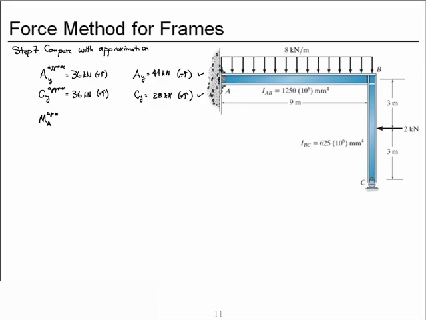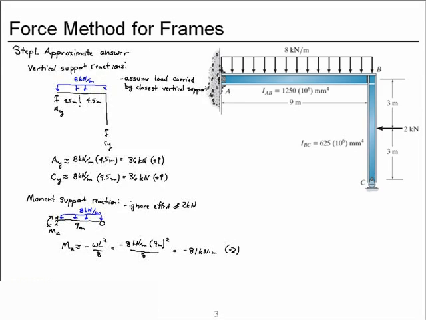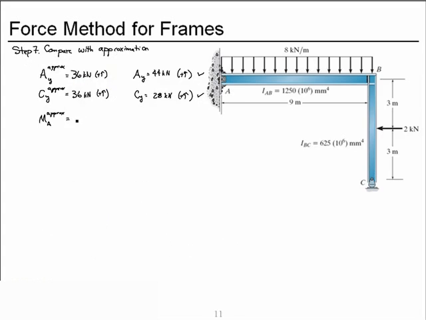Our approximation of the moment reaction at A we had predicted to be approximately 81 kilonewton meters, not in the clockwise direction.